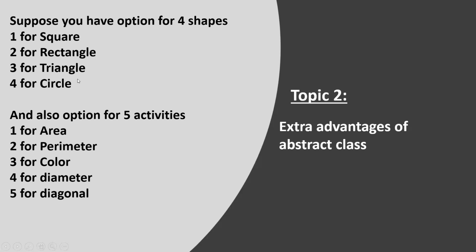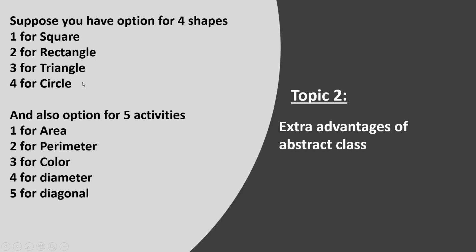It might happen that some users have some extra features. Some users are corporate users or VIP users, and they might get some extra facility from the bank. Same here: some extra facilities for circle, which will have diameter, and some extra facilities for diagonal that belong to square and rectangle.